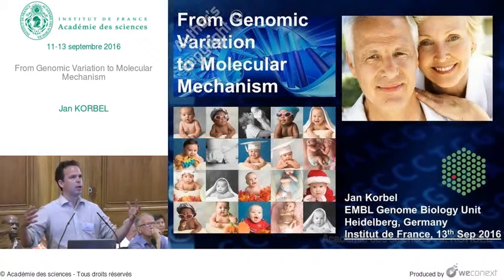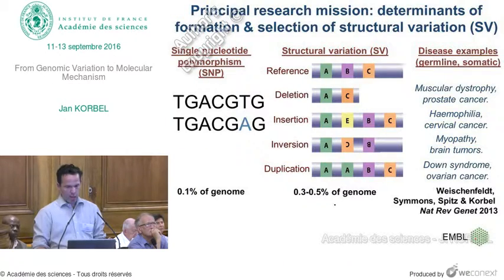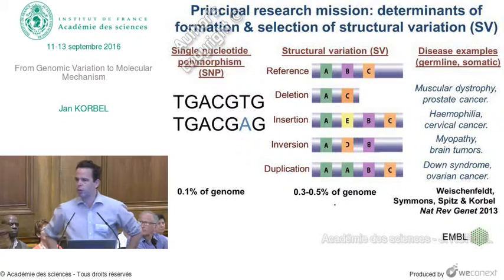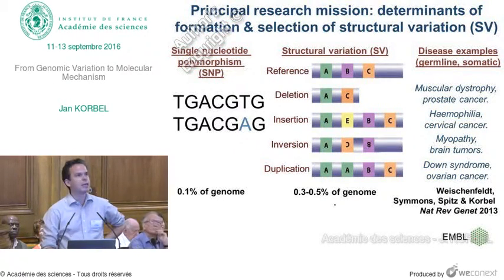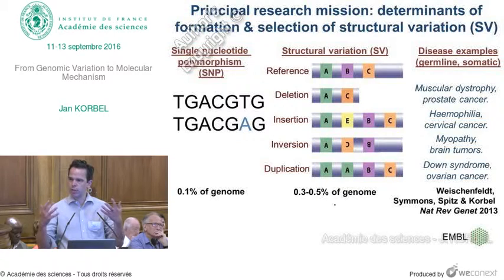So I'm a laboratory combining these two different approaches. Our main interest, and the mission of our group, is to understand a very particular form of genetic variation in our genomes, so-called structural variations.